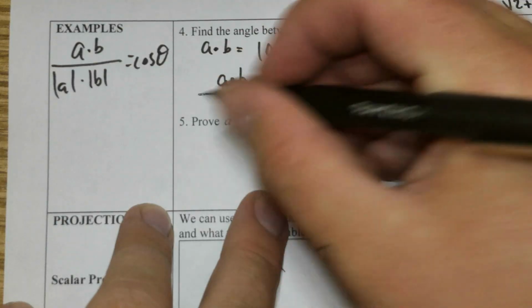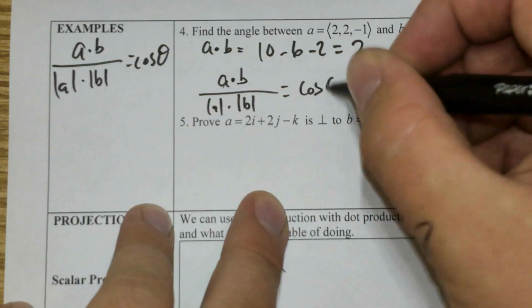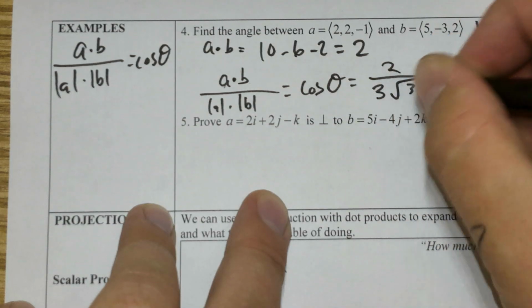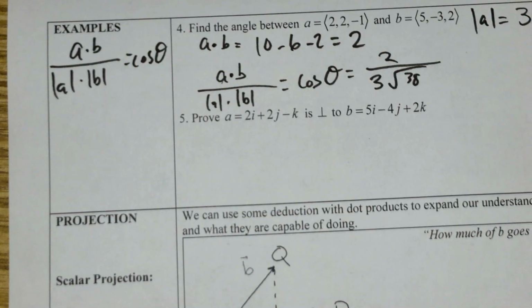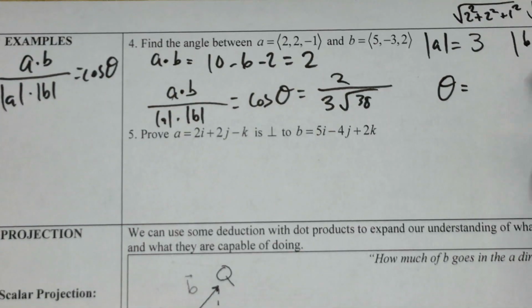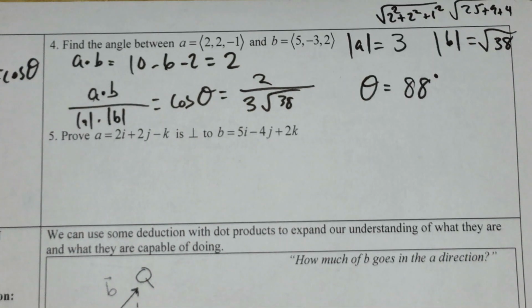We're looking at A dot B over magnitude A, magnitude B, which makes cosine theta. That is going to be 2 over 3 root 38. Definitely not in the unit circle. Definitely not a value that I'd expect you to know. So you use that inverse trig function there and you get your nice angle somewhere around 88 degrees.